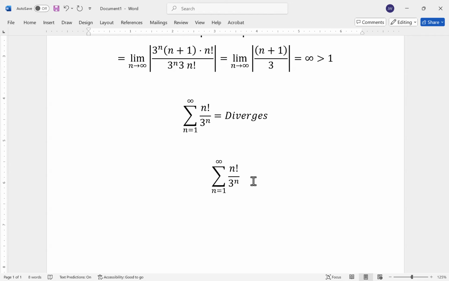In this case, n factorial is factorial growth. Three to the n is exponential growth.